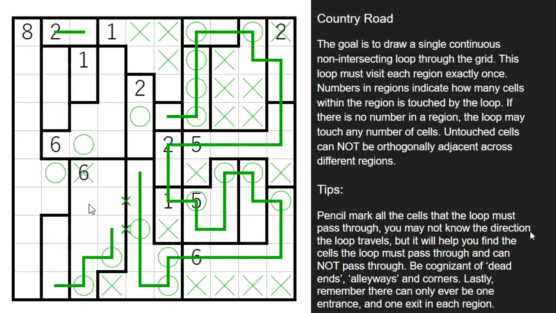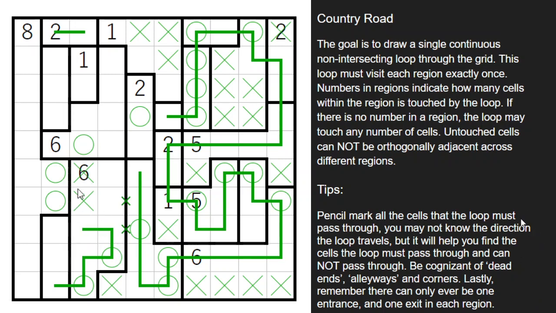So what that tells me is that this cell can't be part of it, right? Because for this to be hit, it either has to come up like that, and then again, it would only be able to enter the 8 region, or like that and enter the 8 region. That wouldn't work. So this is not part of it, which makes that now in on it. And now this cell can't be touched by the loop. 1, 2, 3, 4, 5, and then where would the loop go?